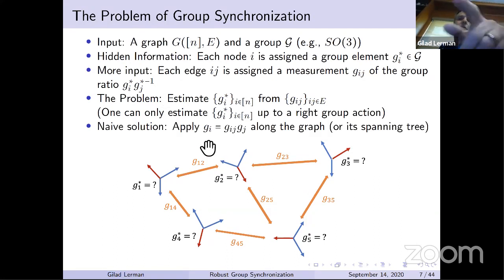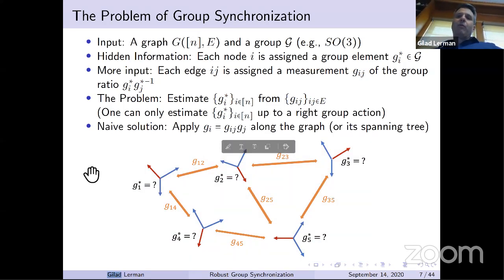So I can just use this formula, gi equals gij times gj, and propagate it along the graph. If you want something more constructive, find the minimum spanning tree and start from the root. You can arbitrarily fix it because we have this ambiguity, then use this formula along the branches and you get the group elements. So the problem is not hard when everything is clean and you have clean measurements.